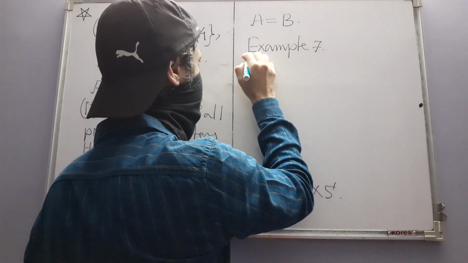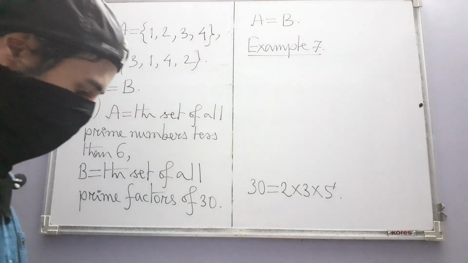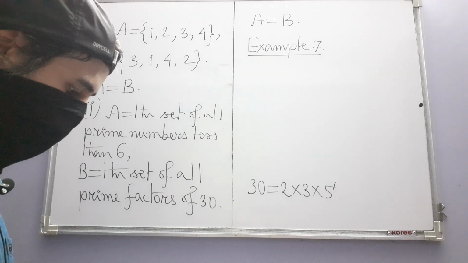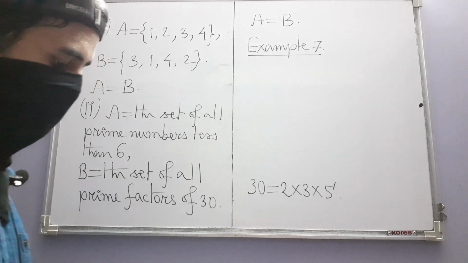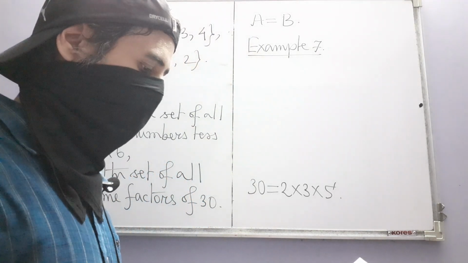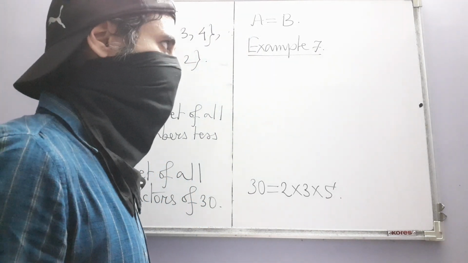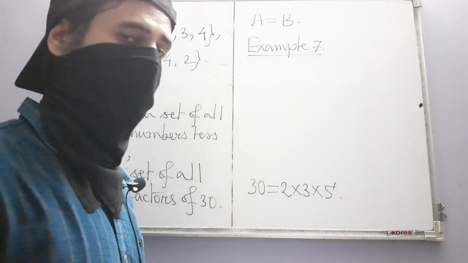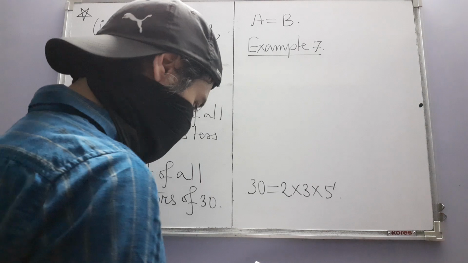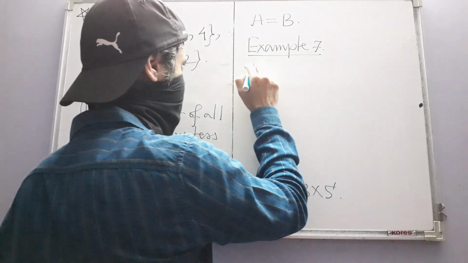example 7. In example 7, 5 sets are given. From among them we have to see which are equal to each other. Okay, and those 5 sets are these.